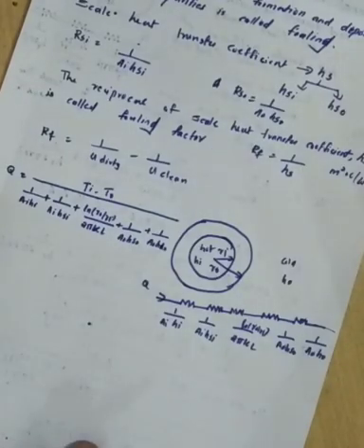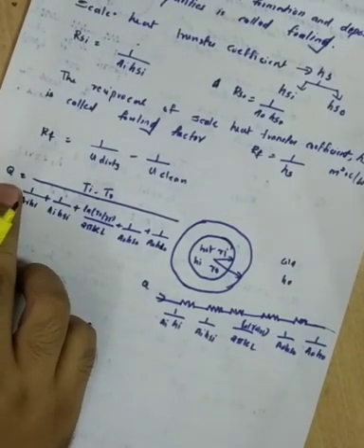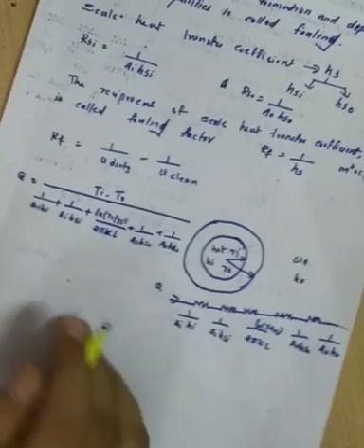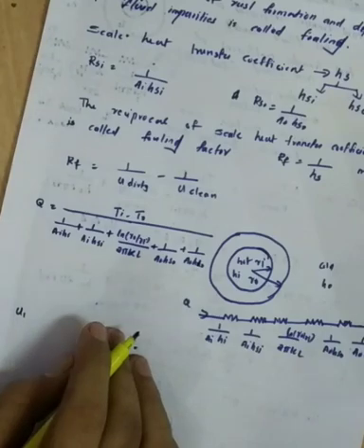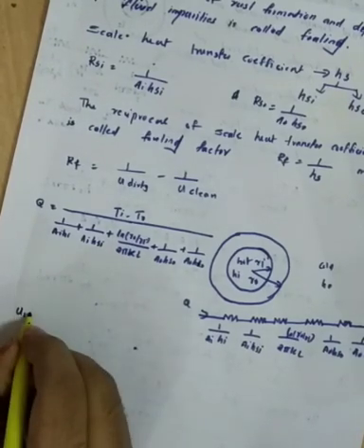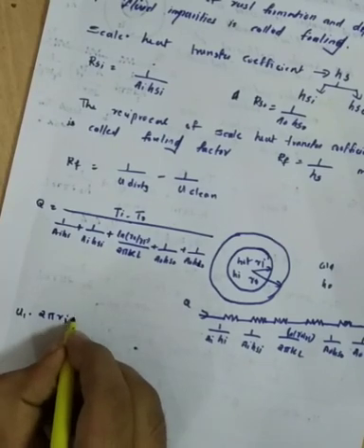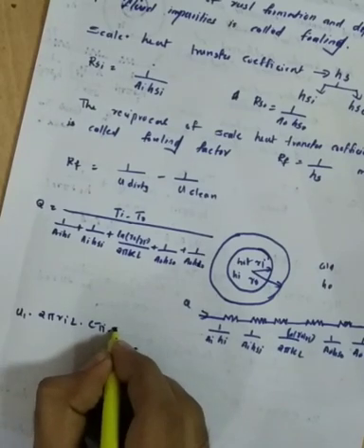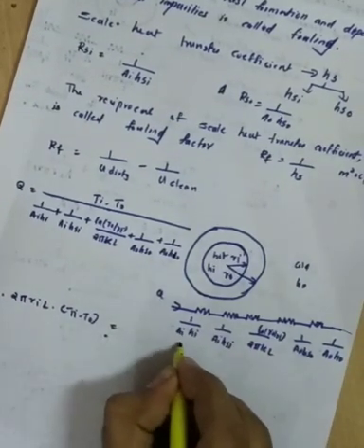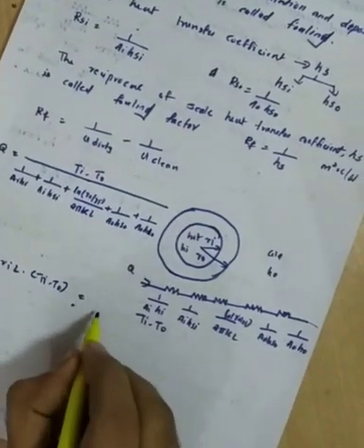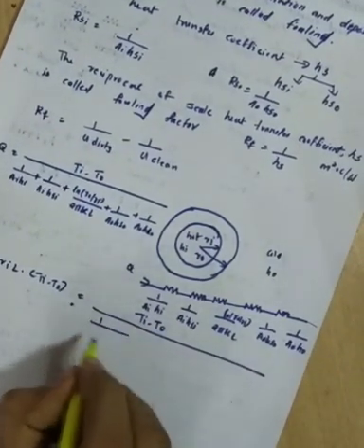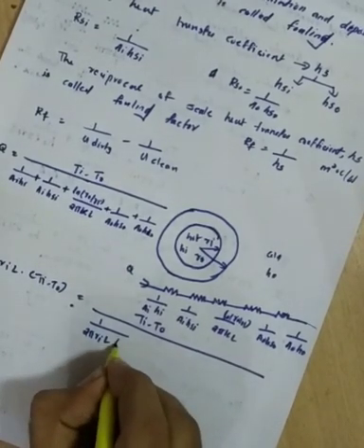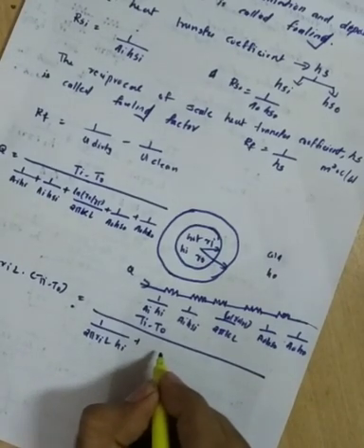Okay. Now we are going to find out the overall heat transfer coefficient. So Q can be represented as Q is equal to UI into AI into delta T, or Ti minus TO. I am putting AI as 2 pi RI L into delta T, Ti minus TO, which is equal to Ti minus TO divided by 1 by 2 pi RIL HI plus 1 by HS.